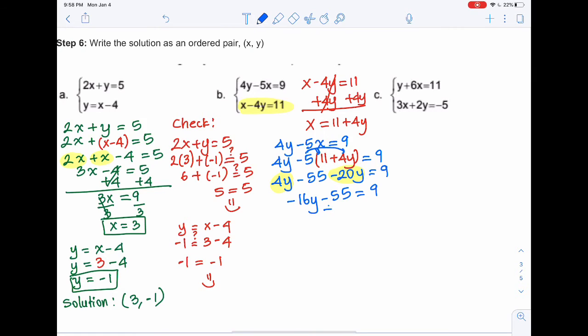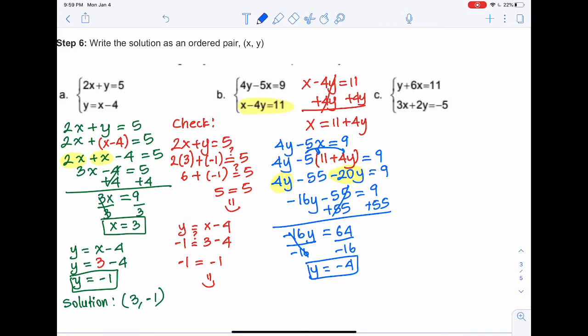And then add 55 to both sides of the equation. From here, negative 16y is equal to 9 plus 55, which will give you 64. And let's divide both sides by the coefficient of y. And from here, y will be negative 4.